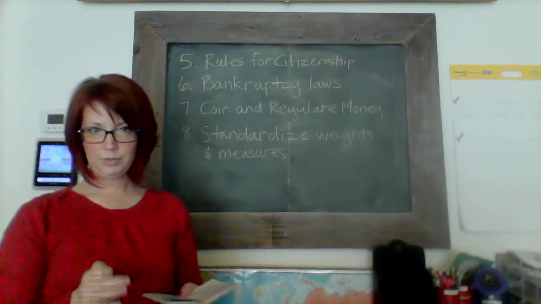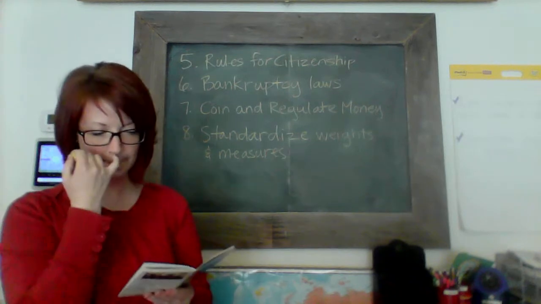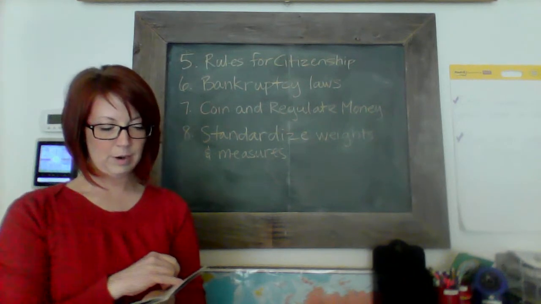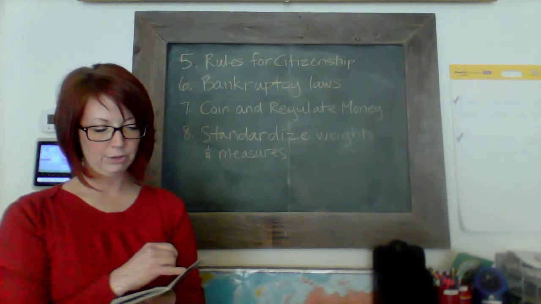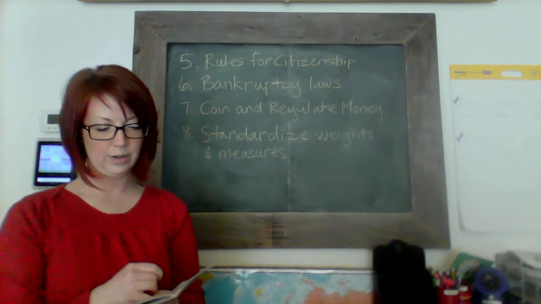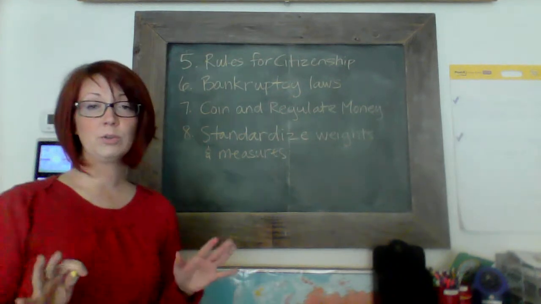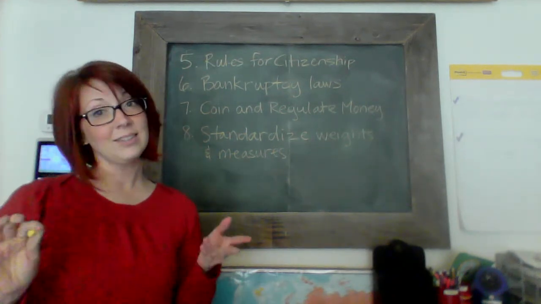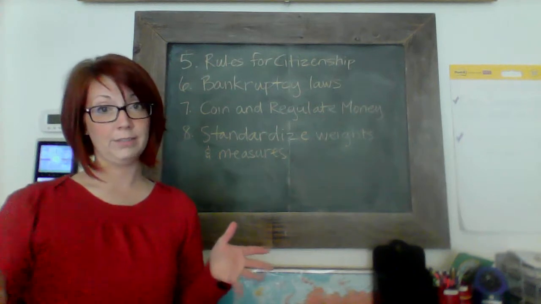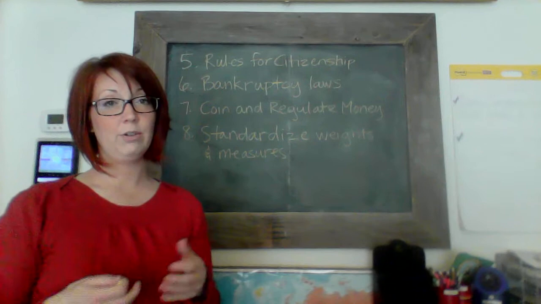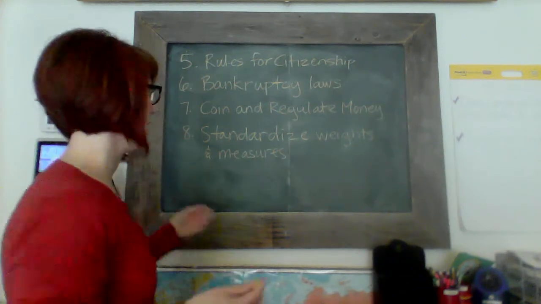Okay. Hopefully you guys can read my writing. Okay, next one. Congress has the power to provide for the punishment of counterfeiting the securities and current coin of the United States. So, if they have the power to regulate money, make the rules on who can make it, if somebody else decides to make it, that's called counterfeiting. If they don't have the authority from Congress to make money, then that's called counterfeiting, and Congress can punish you for that.